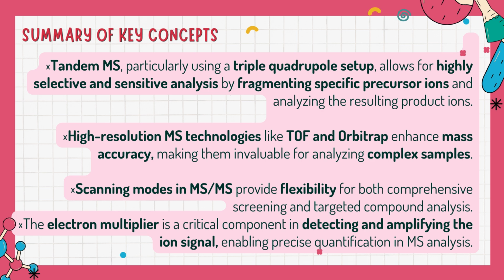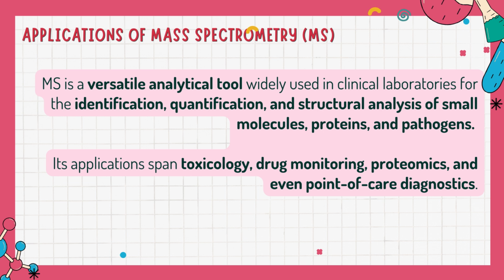But the one which offers very high precision is the orbitrap. But having TOF is already considered okay. And scanning modes in MS/MS provide flexibility for both comprehensive screening and targeted compound analysis, while the electron multiplier is a critical component in detecting and amplifying the ion signal.